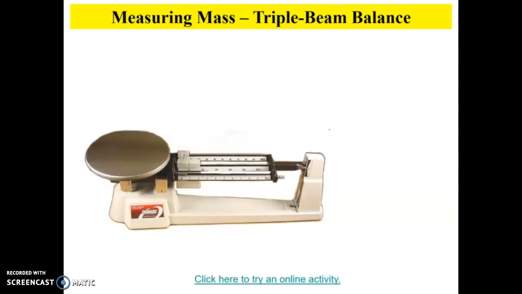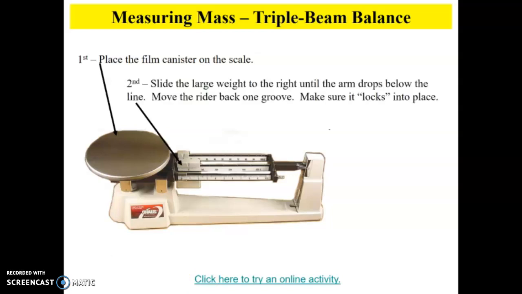So when we're using a triple beam balance, there are some specific steps we're hoping to follow. You're going to place your object, sometimes we'll put it in something else. And then you're going to slide the largest weight.